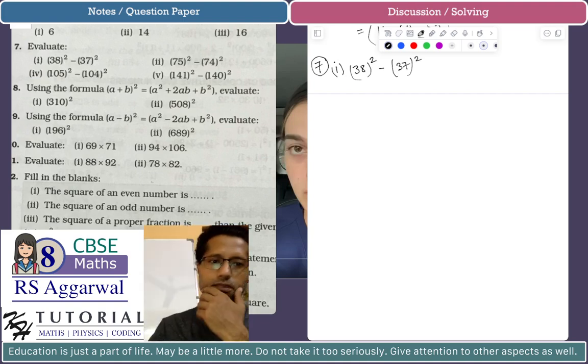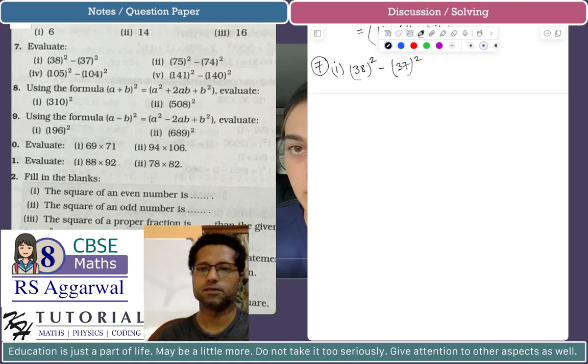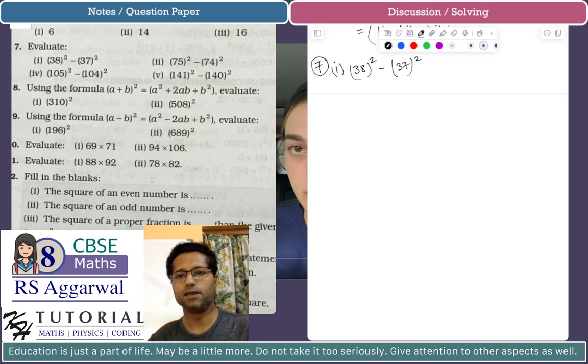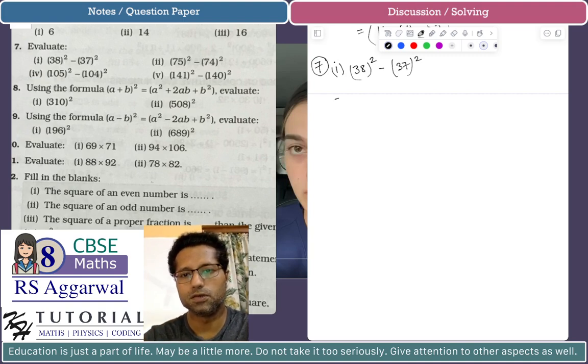Evaluate 38 square minus 37 square. Now you can clearly see that this is equal to 37 plus 1 square minus 37 square.